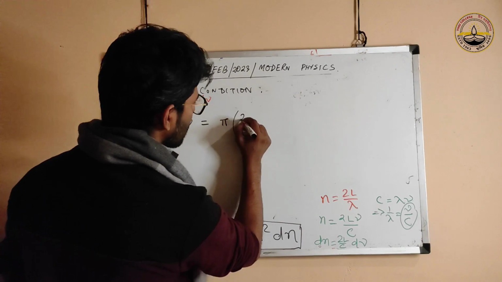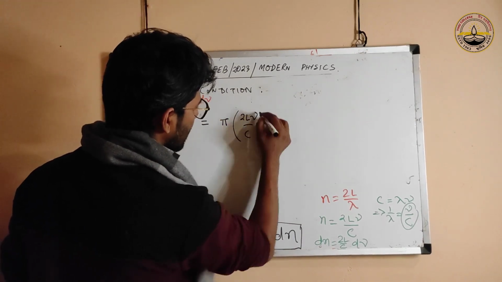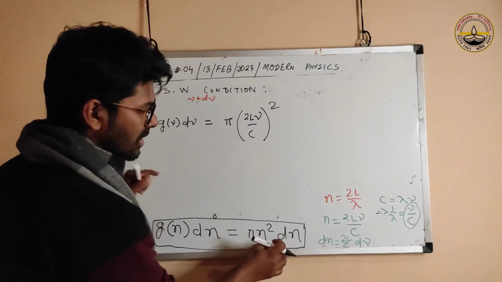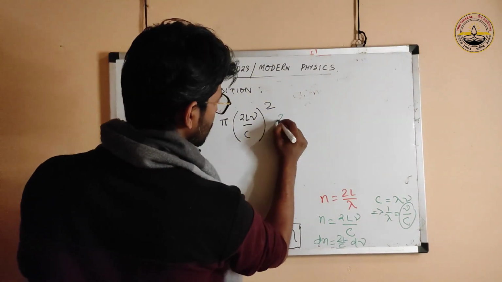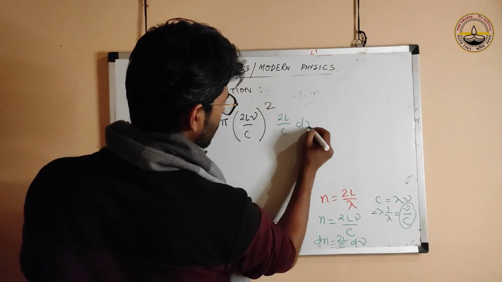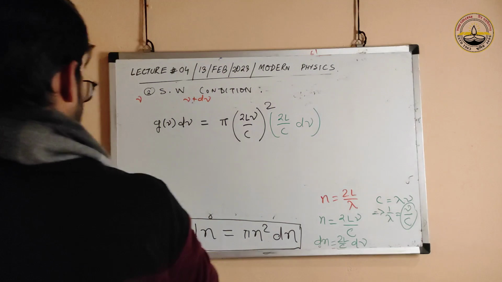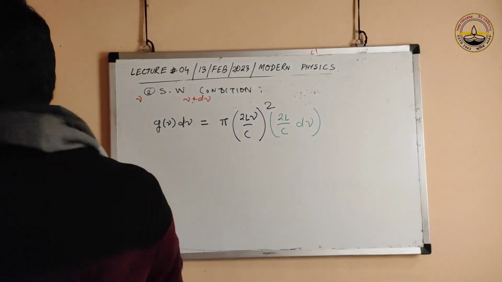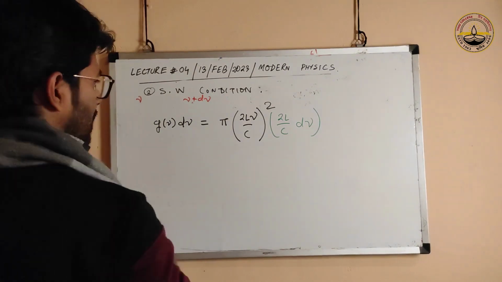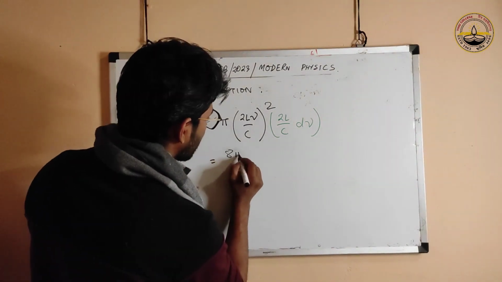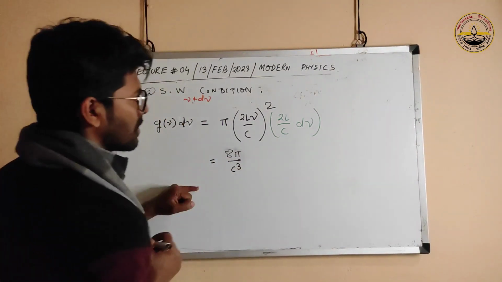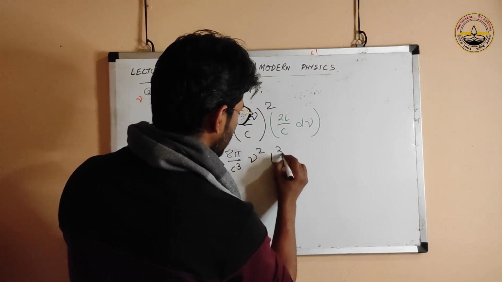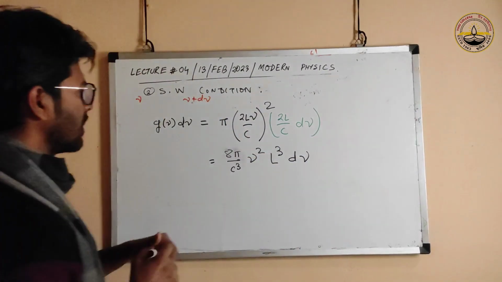N is 2L nu over c, n square dn. dn is 2L over c d nu. Well, that just becomes 8 pi by c cube nu square L cube d nu.